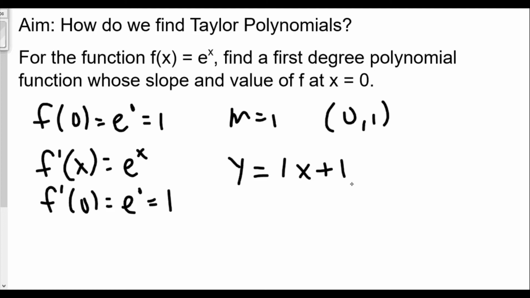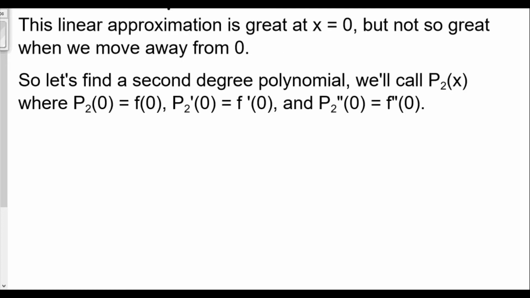Let's move on to the second degree polynomial. This linear approximation, this line, is not a great approximation, because when you start moving away from 0 it's not that accurate for e to the x.